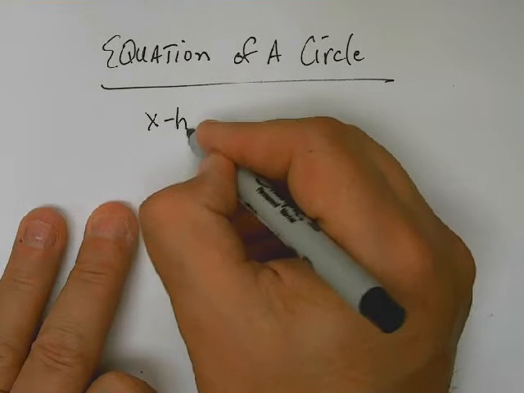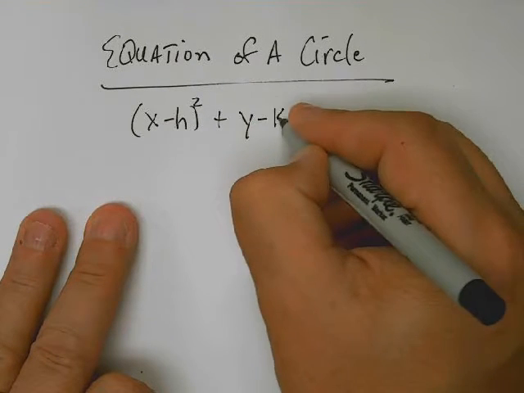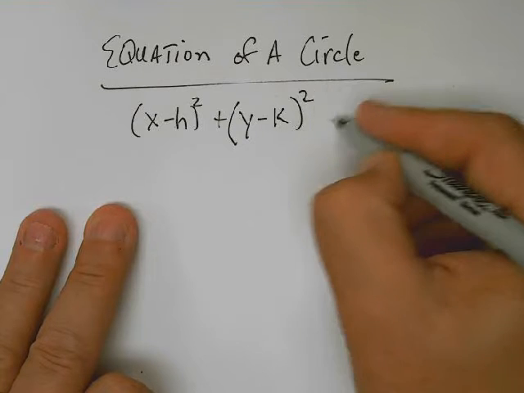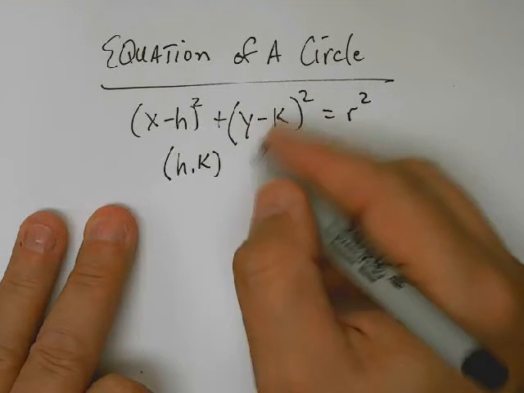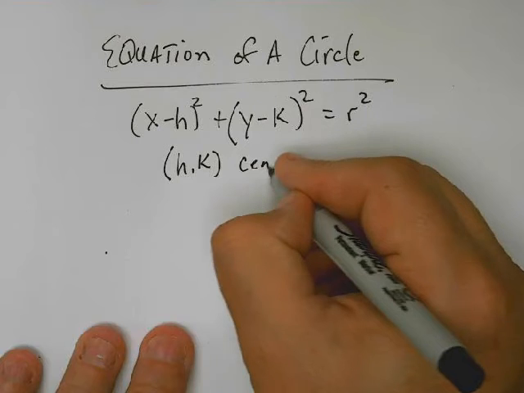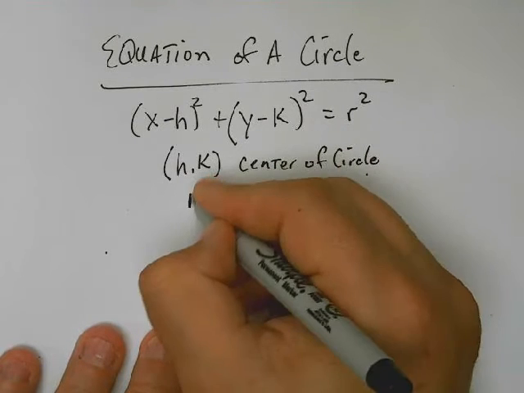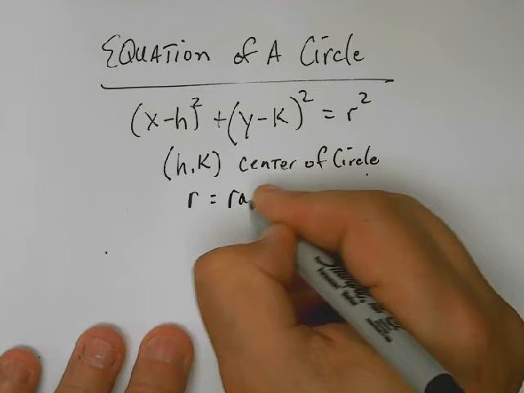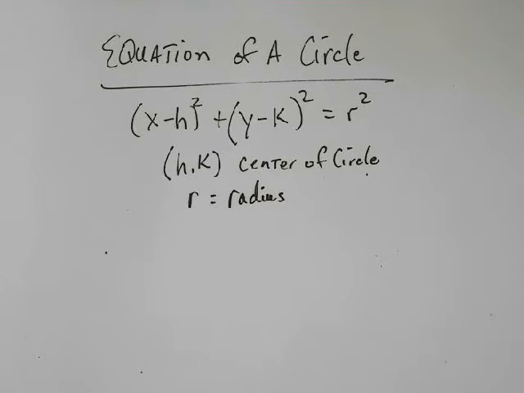It's (x minus h) squared plus (y minus k) squared equals r squared. The h and k is an ordered pair that is the center of the circle, and the r is the radius of the circle. Those are the most important parts of a circle.